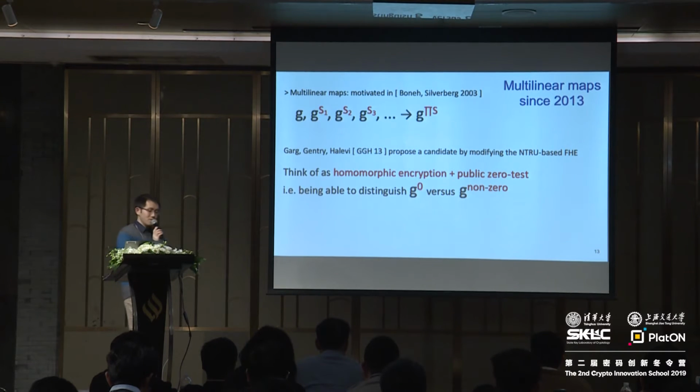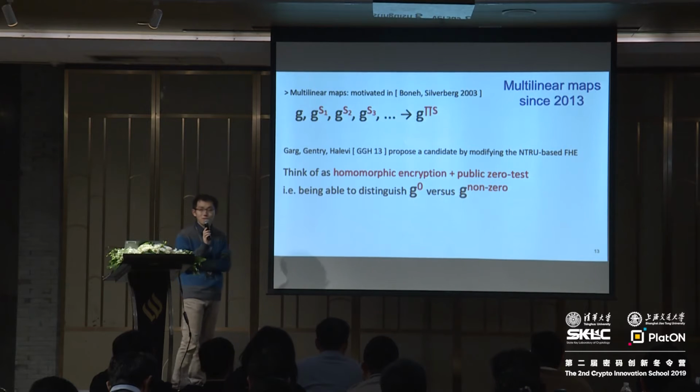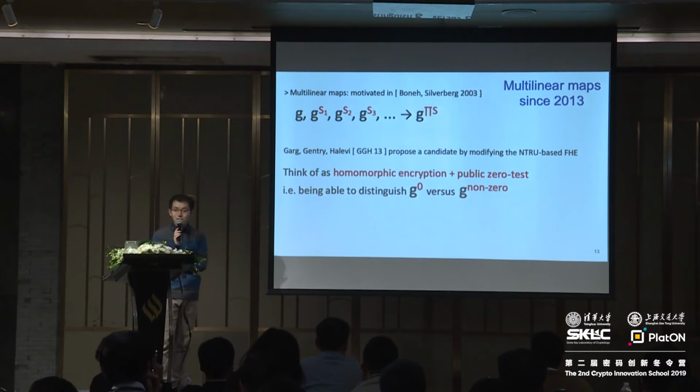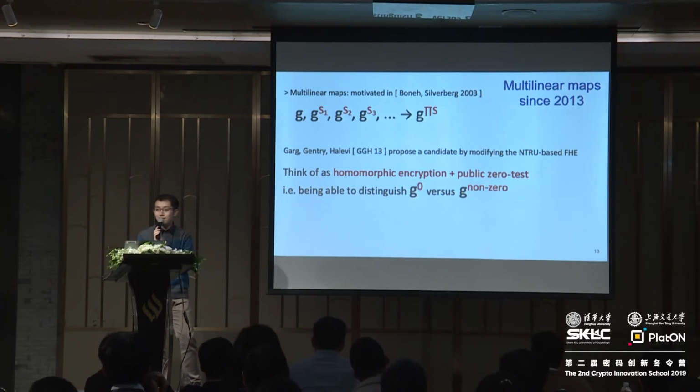In other words, suppose you have a homomorphic encryption and you have the ability to test whether you are encrypting 0 versus encrypting non-zero elements, then this gives a multilinear map-like object. Although it's a little bit confusing, maybe if you're thinking about homomorphic bit encryption, right, you're encrypting 0 or 1, then if you're allowed to publicly test 0 or 1, you somehow lose all the security.